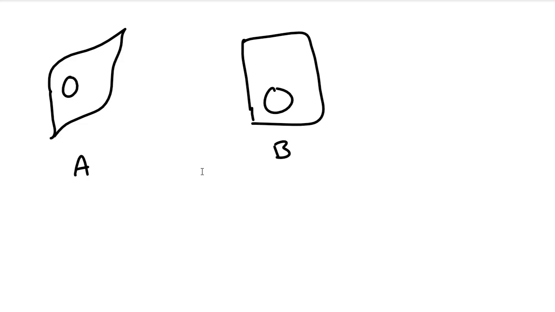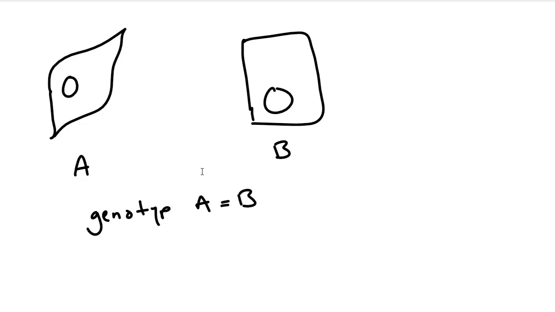We know that these cells are genotypically equivalent. They're both somatic cells. These are not germ cell lines. They're not gametes. So they're genetically equivalent. So genotype A equals genotype B. They have the same chromosomes, the same genes, etc.